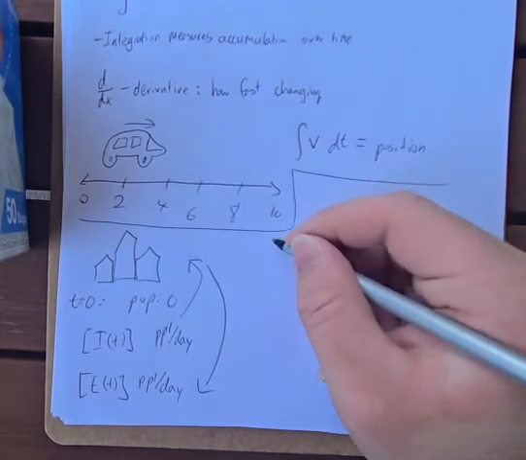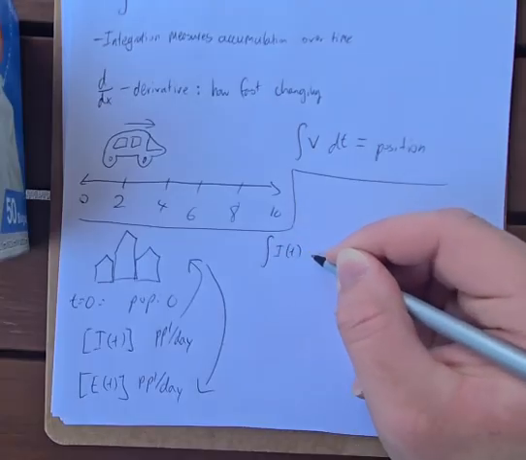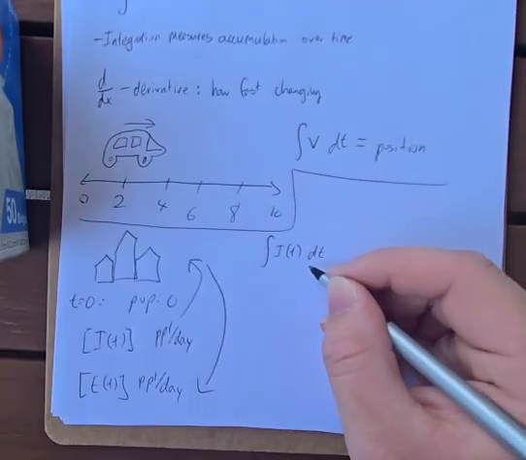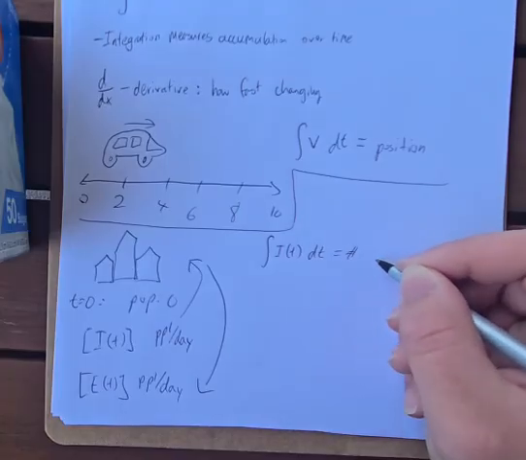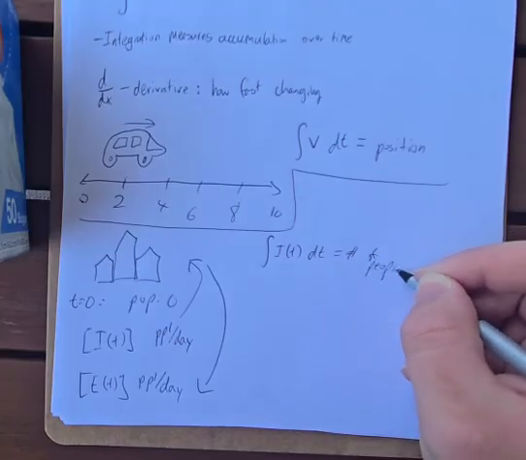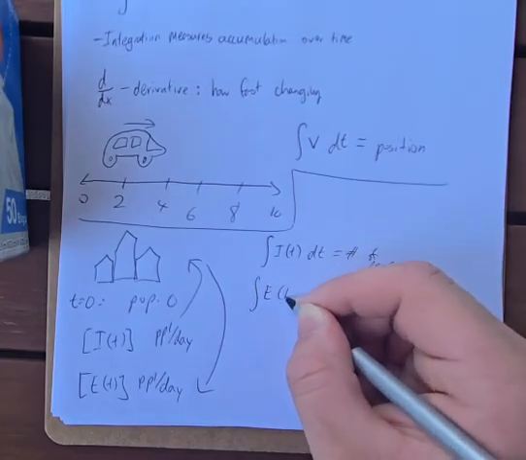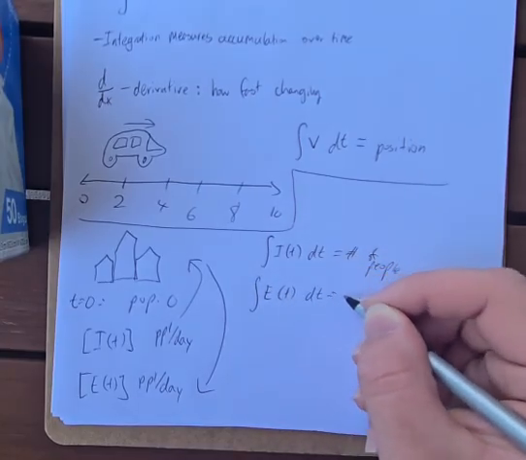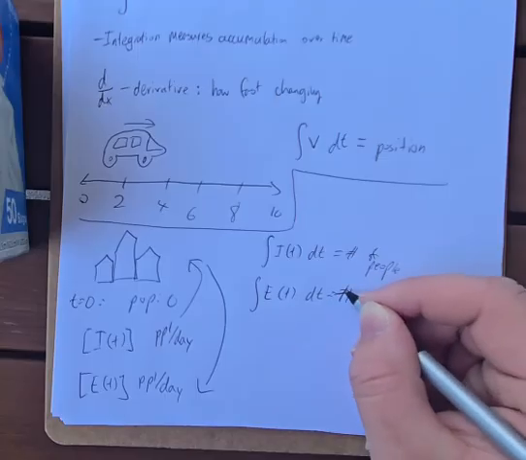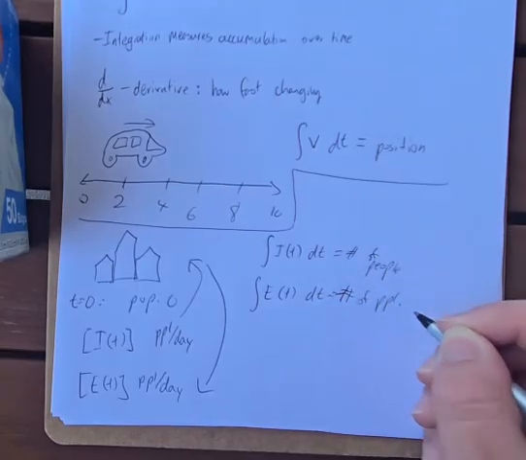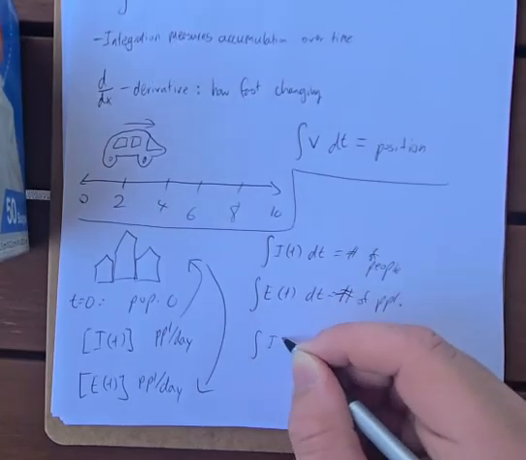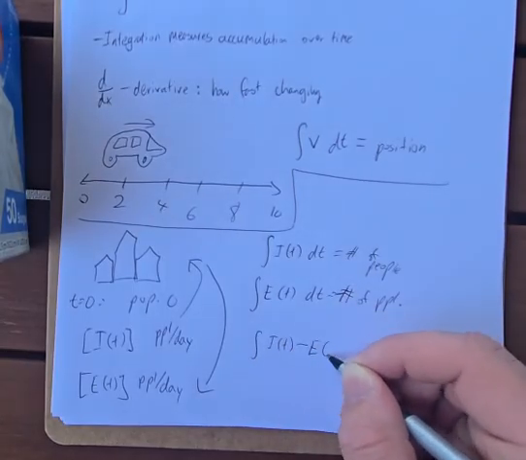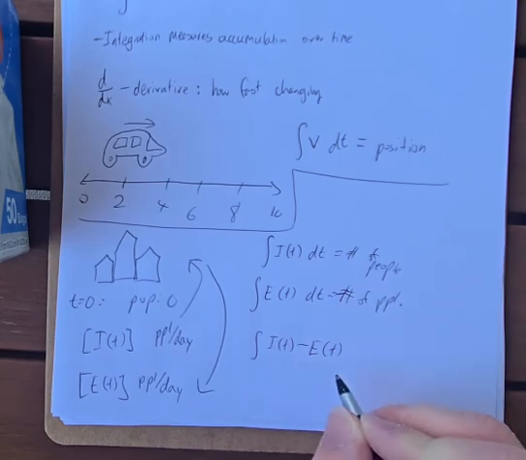So the integral of I of t dt, remember dt because we're doing this with respect to time, that's going to be number of people. But we also have e of t, the number of people exiting. So how do we find the number of people? It's very simple. The integral of I of t minus e of t, rate in minus rate out.